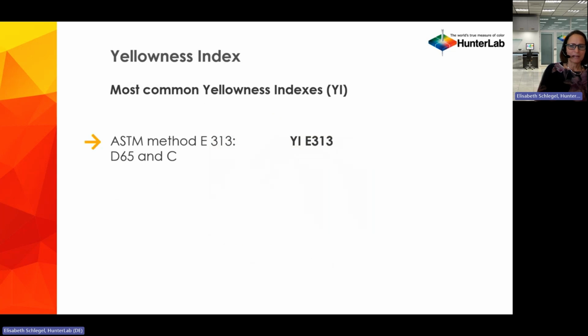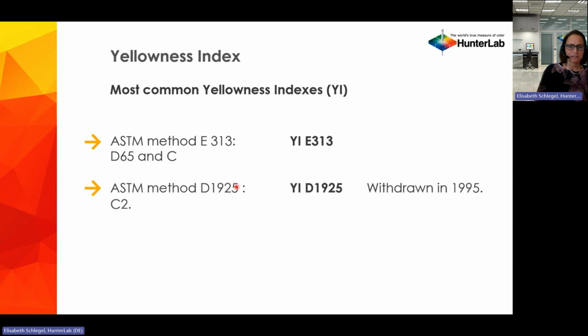Here we have different methods. For example, the ASTM method E313, so that's yellowness index E313. That is defined for two illuminants, D65 and C. And sometimes you find the ASTM method D1925, which is only defined for illuminant C, 2 degrees. It's short-named yellowness index D1925, but actually that was withdrawn in 1995.